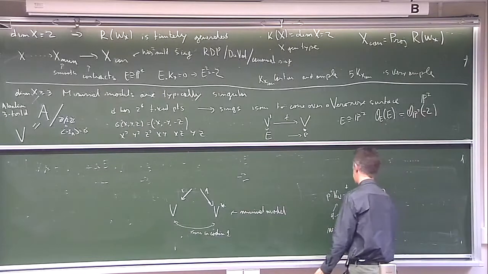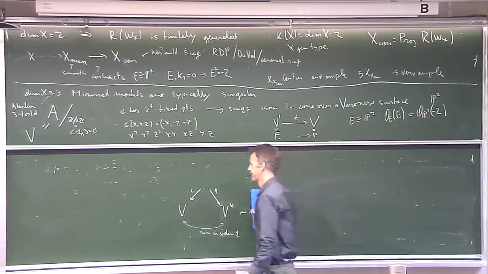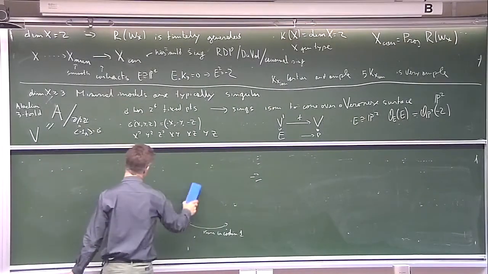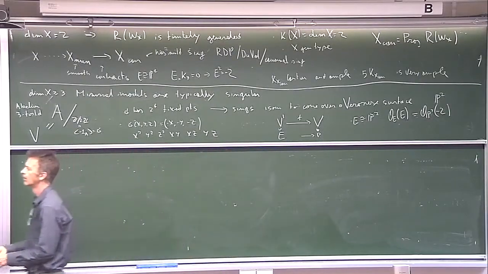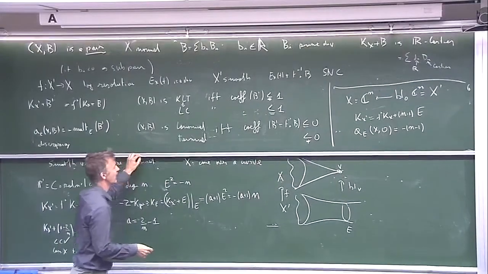So there's this map. Yes? For your definition, maybe you want to say the quantifier. Is that for all log resolutions or for some? Well, I'm sweeping it under the rug a little bit.